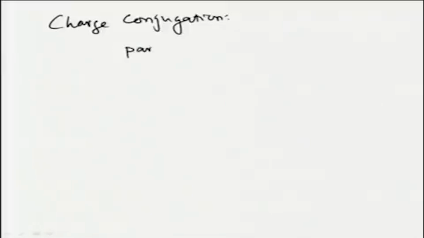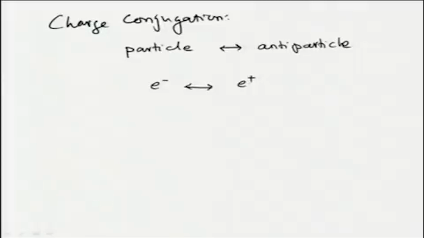Essentially, it is a symmetry that takes a particle to an antiparticle. For example, electron goes to positron under C, or positron goes to electron under C, or muon goes to mu plus under C.